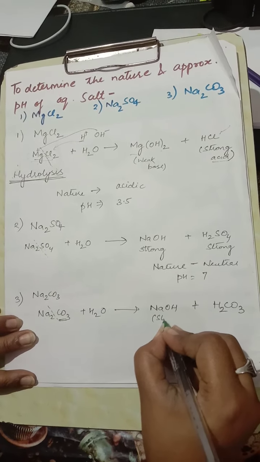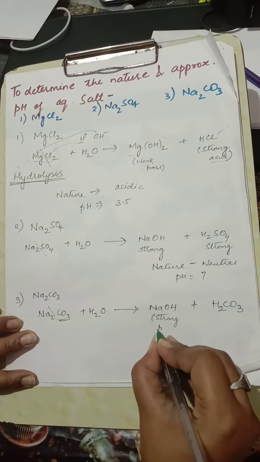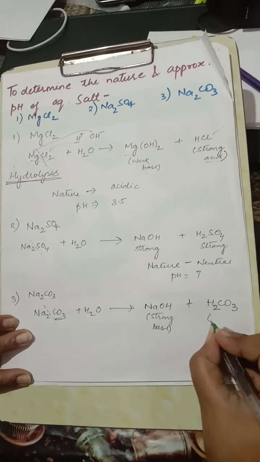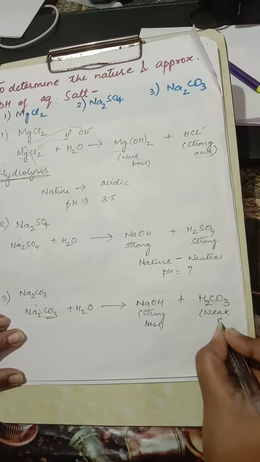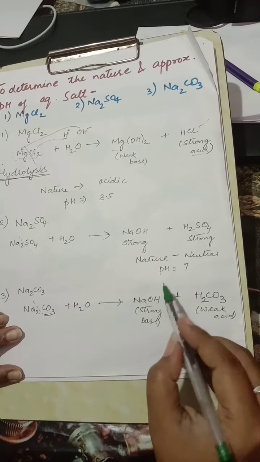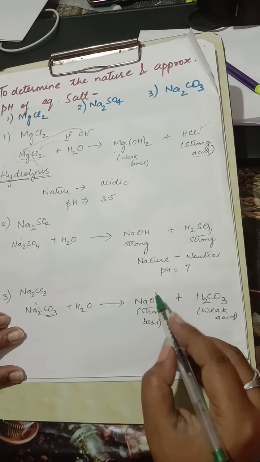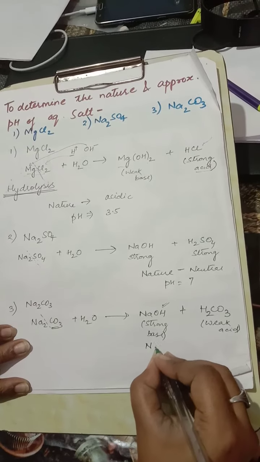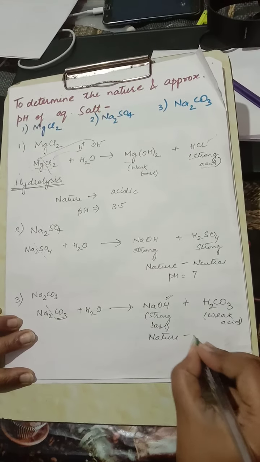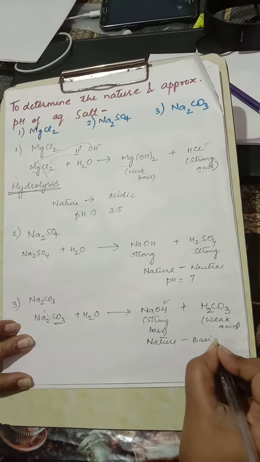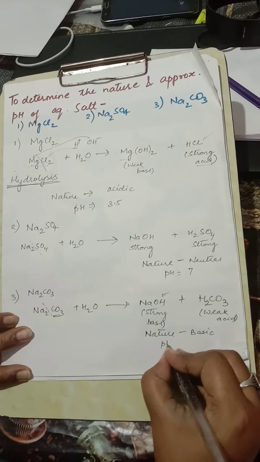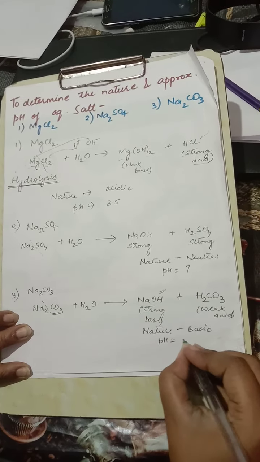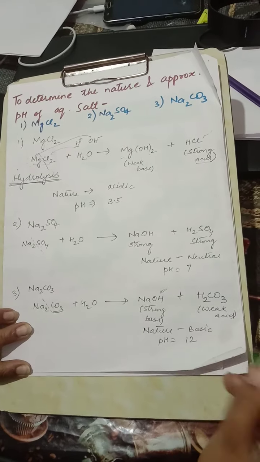NaOH is a strong base. Carbonic acid is a weak acid. So the nature will be basic, and the pH value of this aqueous solution will be more than 7, or it is 12 approx.